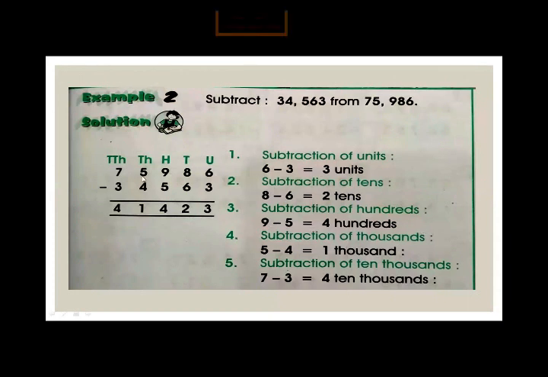Comes to thousands place. 5 and 4, 5 easily subtracts 4, 1 thousand. Now come to 10,000 place, that is 5th digit subtraction. 7 is greater than 3, so 7 minus 3, 4. Your difference is 41,423.